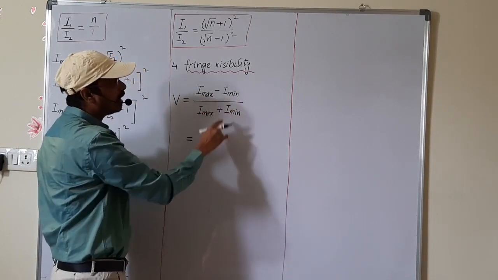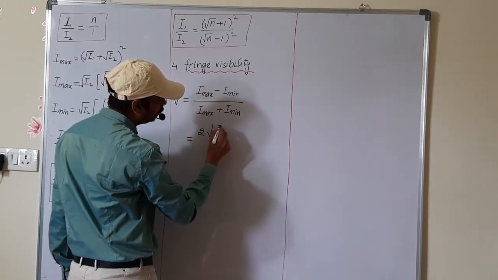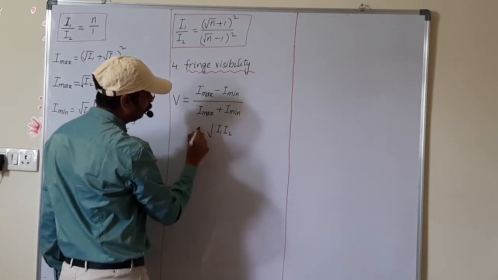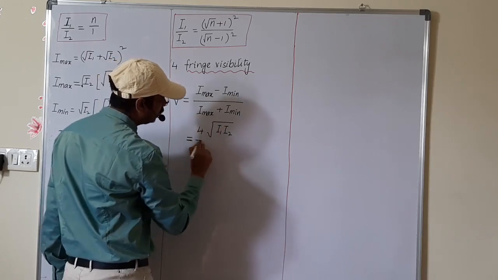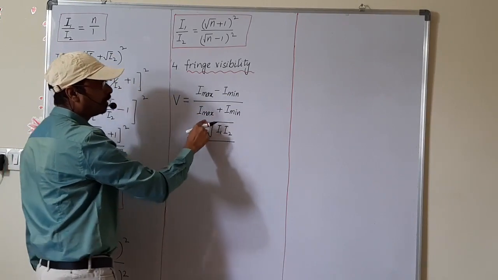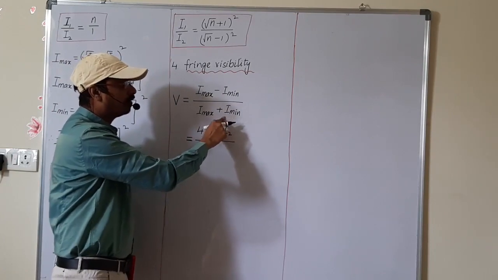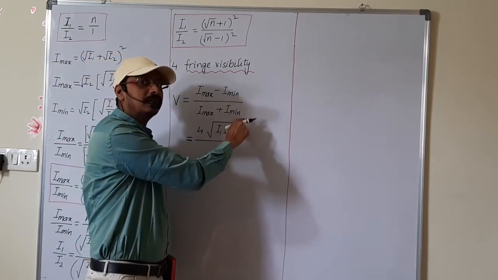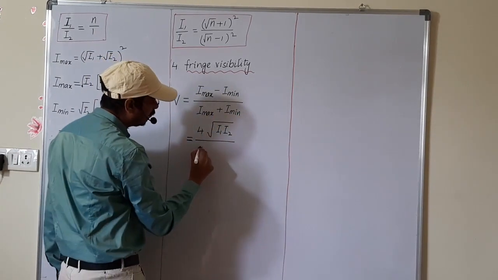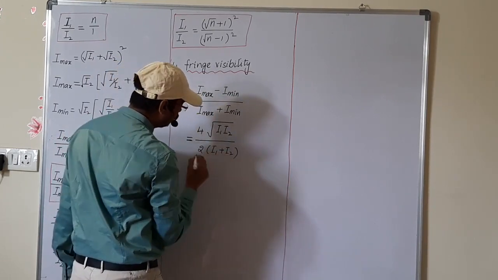For the minimum value, I1 plus I2 minus 2 root I1 I2. In the numerator, the I1 plus I2 terms cancel and the remaining term is 4 root I1 I2. In the denominator, the minus and plus 2 root I1 I2 cancel, leaving 2 times I1 plus I2.